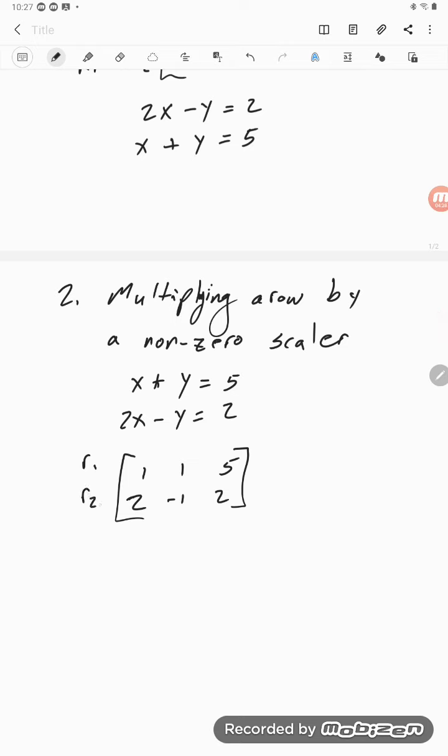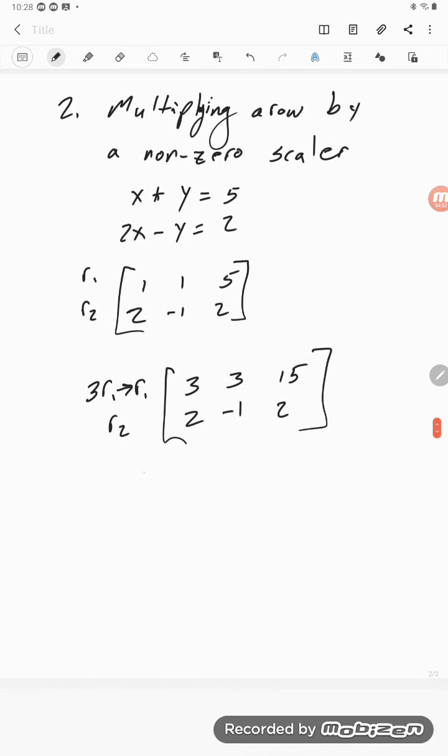Now, if I take 3 times row 1 and put that into row 1 and leave row 2 the same, that's 3, 3, 15, and 2, negative 1, 2. And again, this is just representing 3x plus 3y equals 15 and 2x minus y equals 2. And hopefully we remember our algebra well enough, we've been doing that for years.